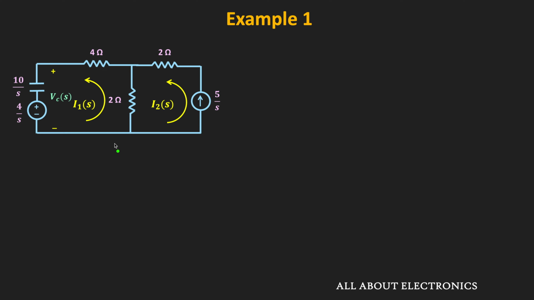That means if we apply the KVL in the first loop, then we can write it as 4 times I1, that is the voltage drop across this 4 ohm resistor, plus 10 divided by S times I1, that is the drop across this capacitor, plus 4 divided by S, that is the drop across this voltage source, plus 2 times (I1 minus I2), that is equal to 0.